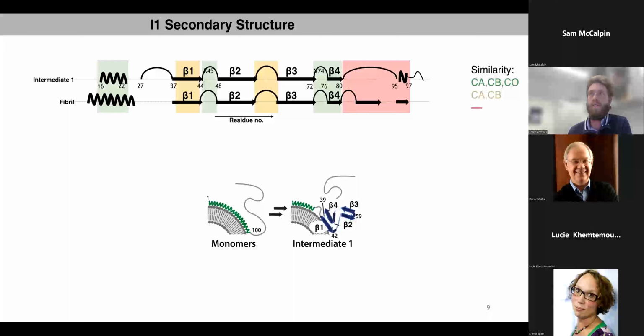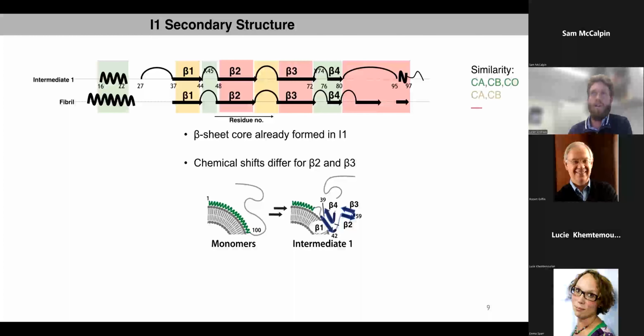And then in red are the regions which are most different, and these include the C-terminal stretches, which in the intermediate have not yet folded to beta sheet secondary structure, but also the beta 2 and beta 3 region of the fibril, which in the intermediate also shows beta sheets, but very different chemical shifts.